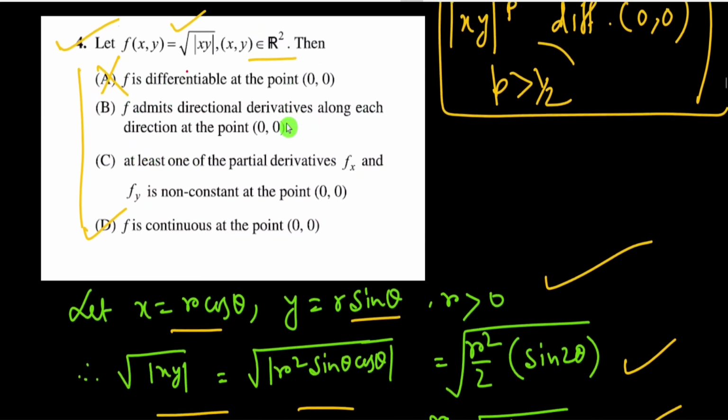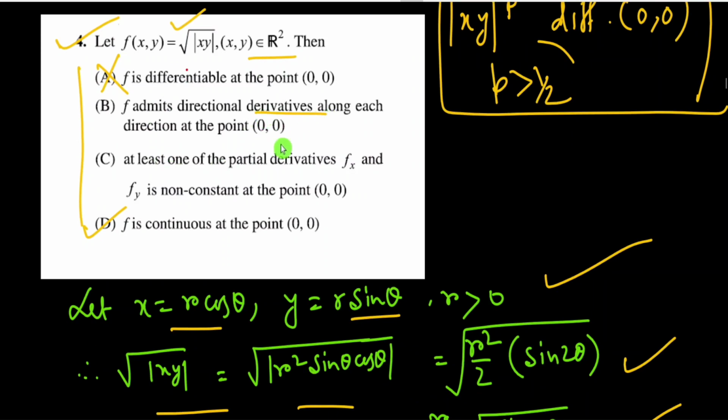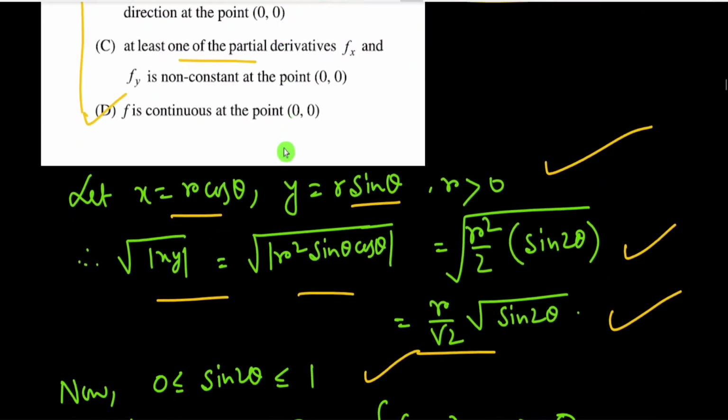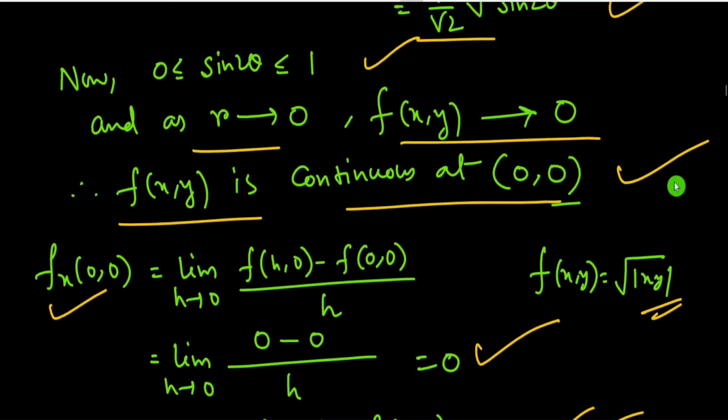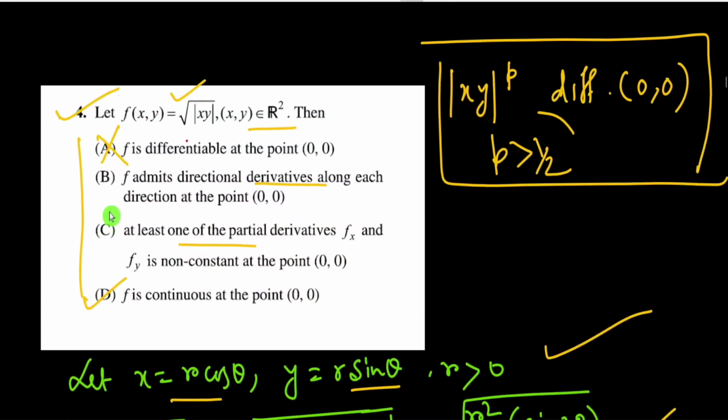Now, if we check options B and C, that is the directional derivative and the first order partial derivative, then we get f_x(0, 0) equal to the limit of f(h, 0) minus f(0, 0) by h, where f equal to this, which gives 0, and similarly f_y(0, 0) is also equal to 0, which are constant. Therefore, this option is not correct.